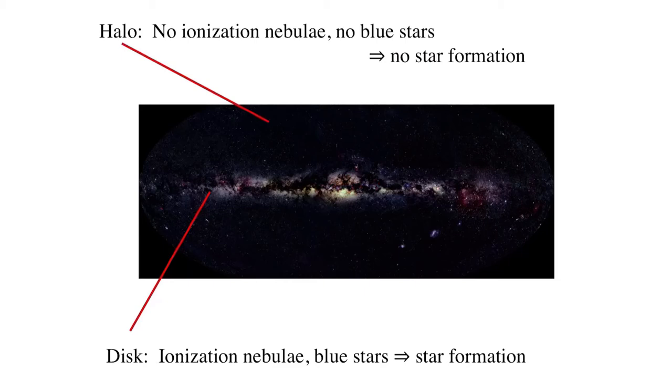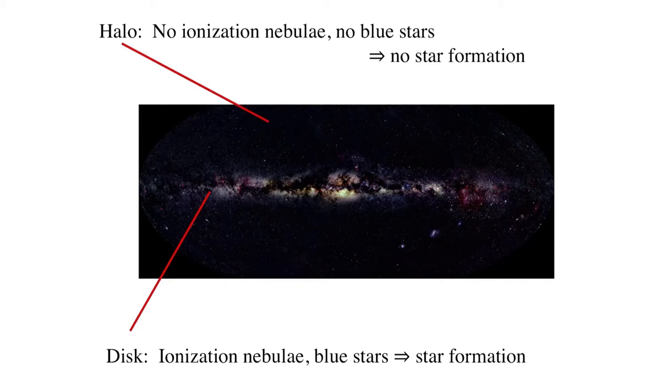Something else to notice is when we went through our components of the Milky Way, all of the present gas and dust and all of the present high ionization nebulae are all in the disk of the galaxy. The halo of the galaxy, which has some stuff in it, has no ionization nebulae, these pink regions. There's none of these dark clouds.